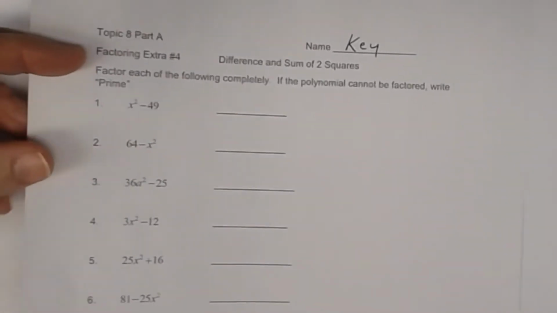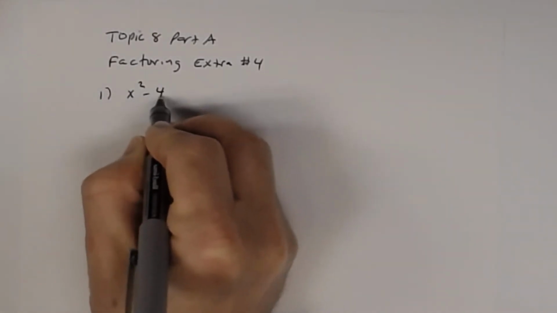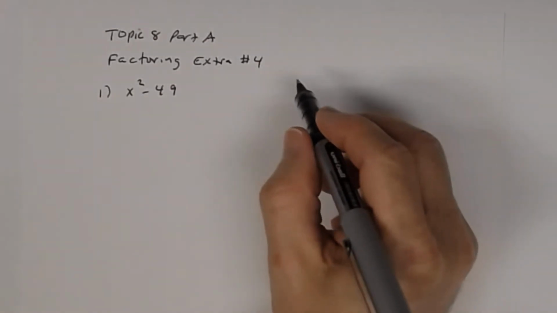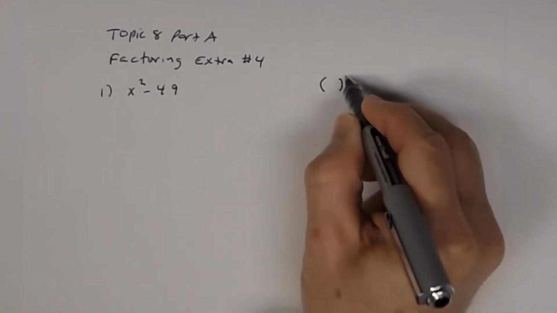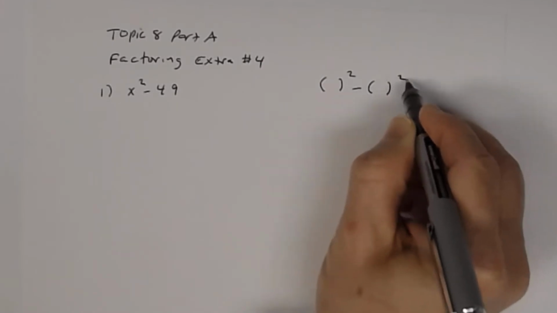So let's go ahead and look at number one. In number one, we have x squared minus 49. And remember when we talked about the difference of two squares, it will always look something like this. It will have some expression, some term squared minus another term squared.